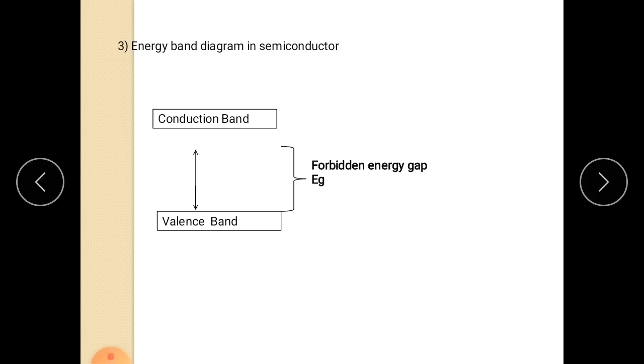We have to remember that at absolute zero, the semiconductor behaves like an insulator. As temperature increases, the forbidden energy gap decreases and the valence electrons jump to the conduction band, so they can act as a conductor also. So this is the introduction to semiconductors.